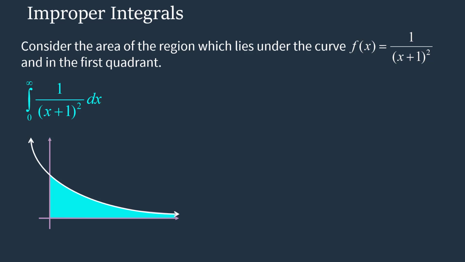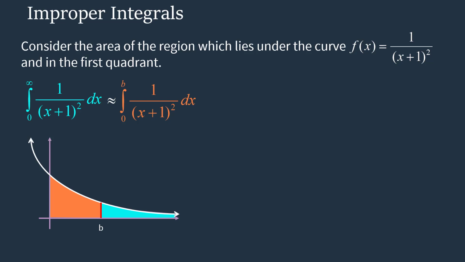But also compare that with the definite integral from just 0 to b, where b is just some positive number. Well, it seems reasonable that the area in blue is certainly more than the area in orange, but as b were to grow and increase without bounds, the orange area would sort of eat up the blue.